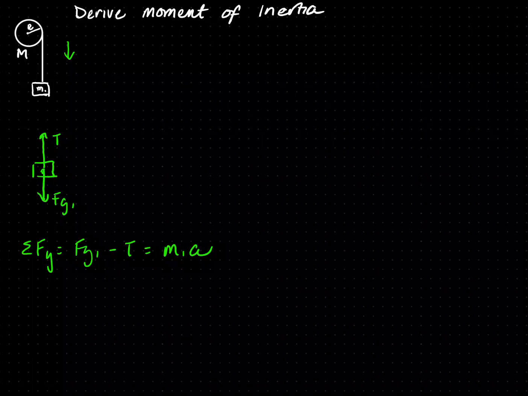So for the pulley, we have the weight of the pulley. We also have the tension, or the force from the string that's going to produce the torque. And then we have a normal force from the pivot point.